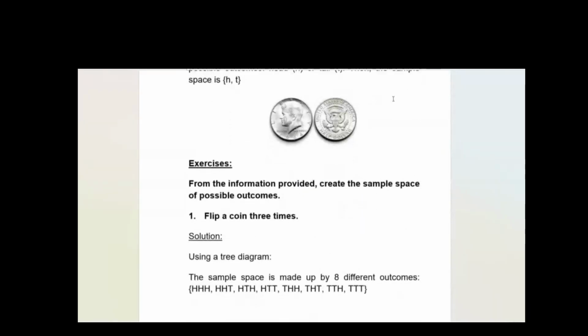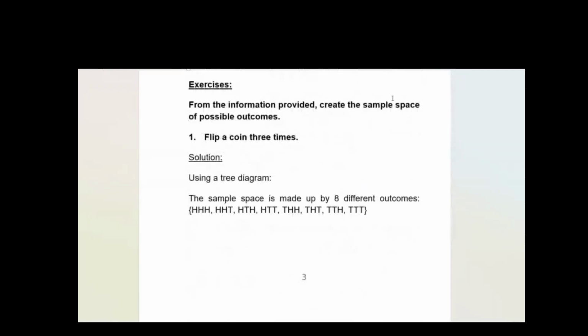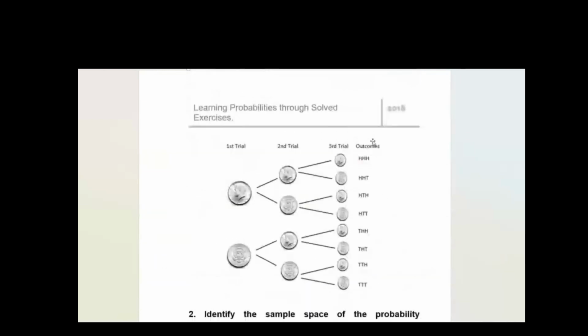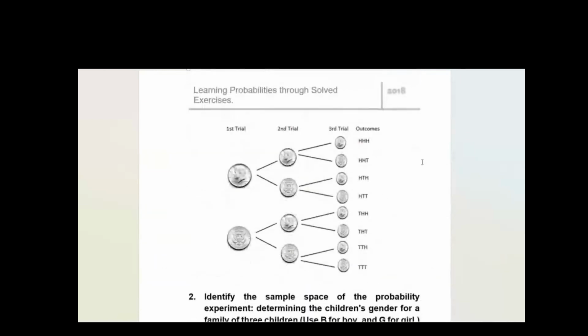So, for example, what is the sample space for a coin that is flipped 3 times? To find the sample space, we can use what we call a tree diagram. We have one coin, and we're going to toss the coin 3 times.